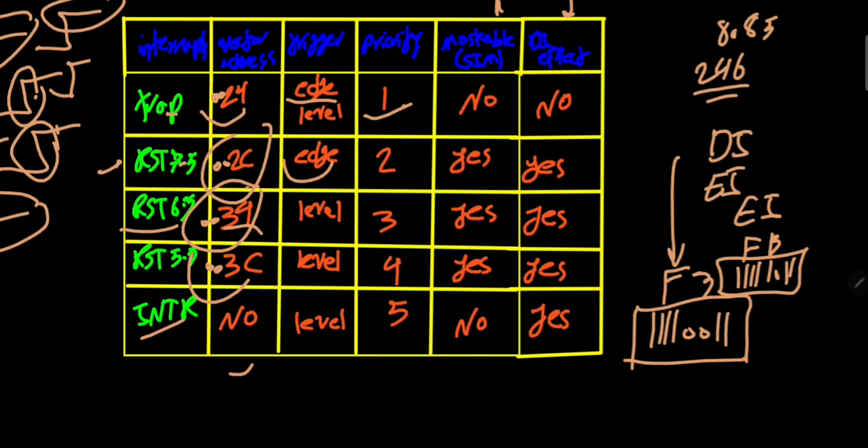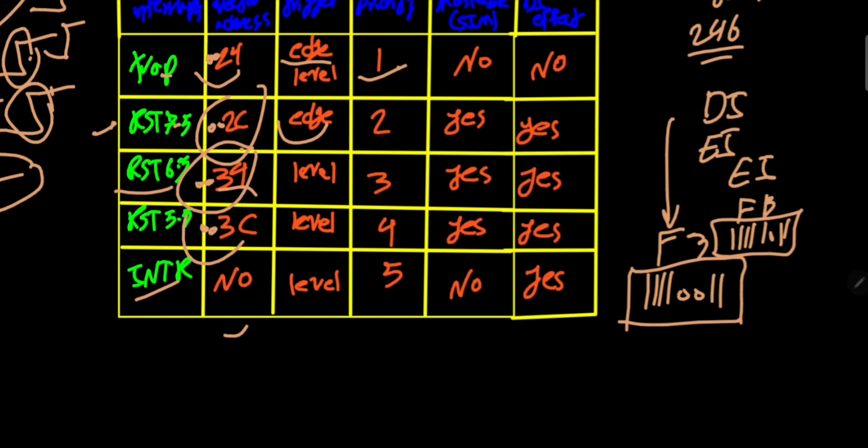But sometimes imagine that as this 8085 was being manufactured, the designers thought, well, what if someone doesn't want to enable or disable all of them, but wants to disable only some of them.